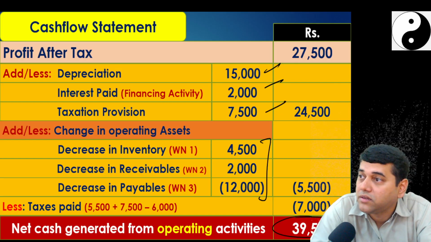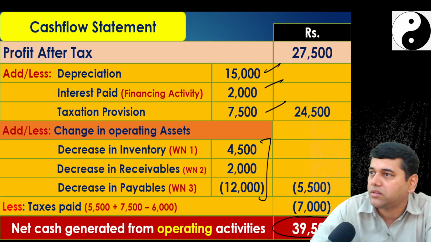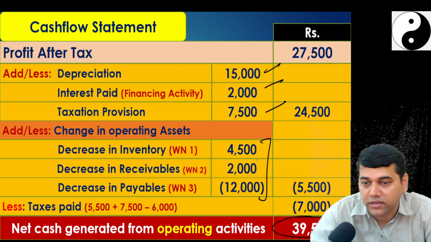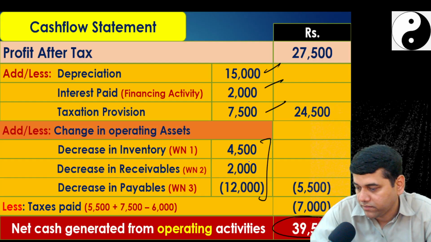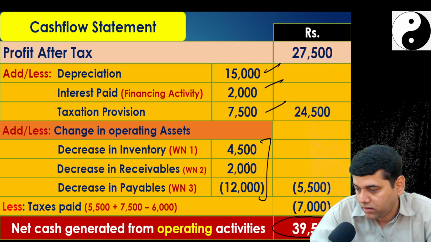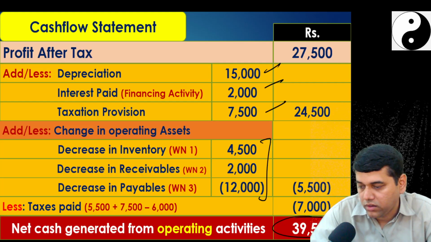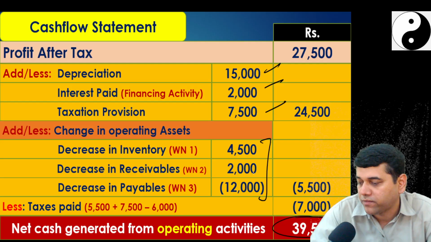Sorry? I didn't get you. What? Sorry. Decrease in receivables. How much did we put there? Yes, decrease in receivable, my opening balance was 25. Acquisition you got 4,000. Closing 29.